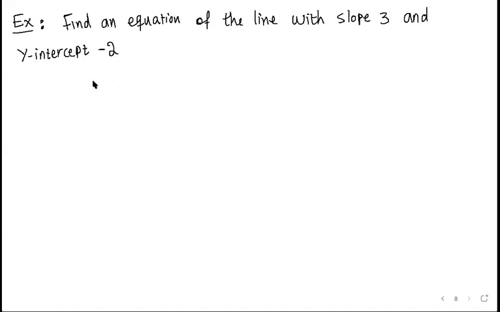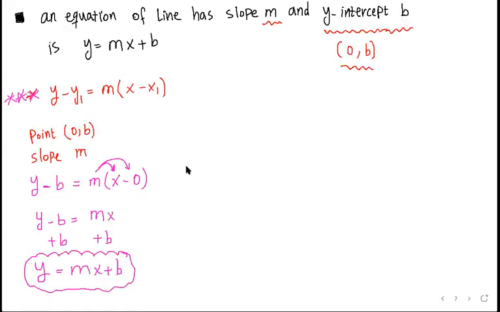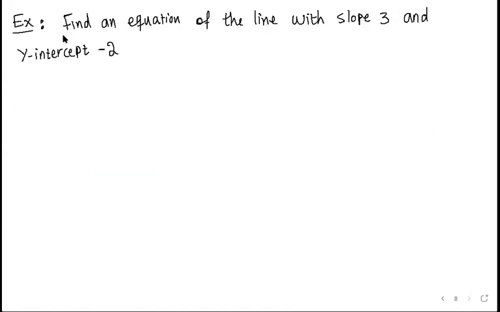Yes, exactly. So by using the previous formula, I mean this one, sorry, y equal mx plus b. Because we have the y-intercept, the formula is y equal mx plus b.